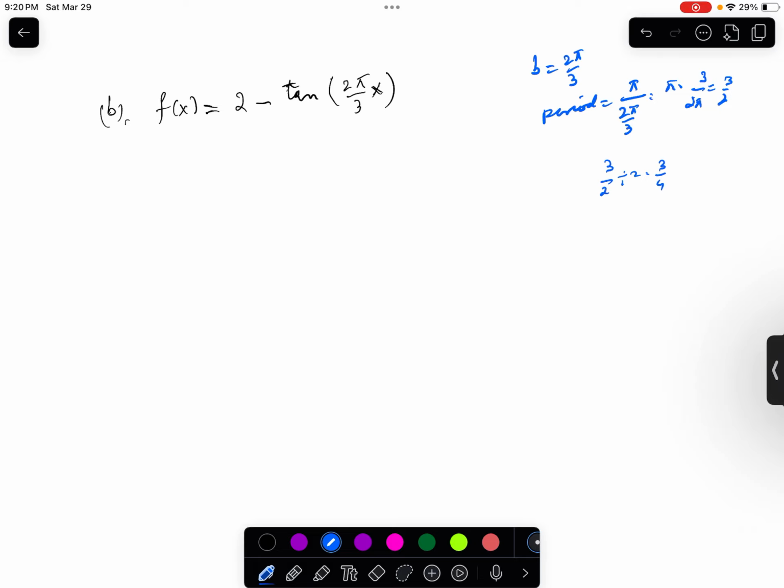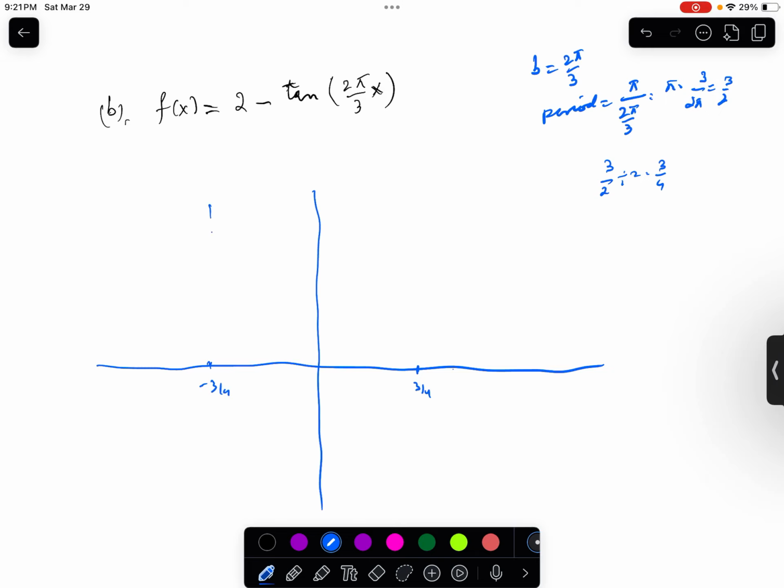So the same thing that we did before. Your y-axis, x-axis, somewhere here, 3 over 4. And here, negative 3 over 4. Vertical asymptotes.